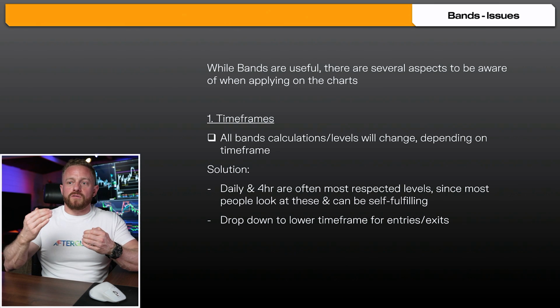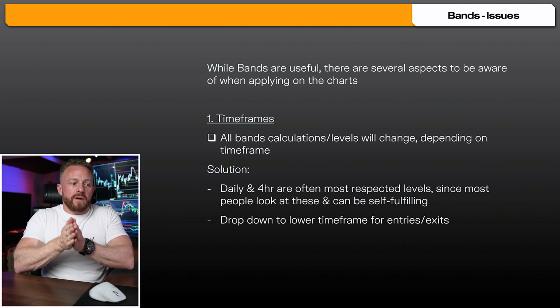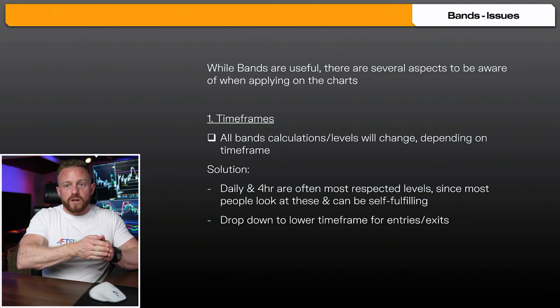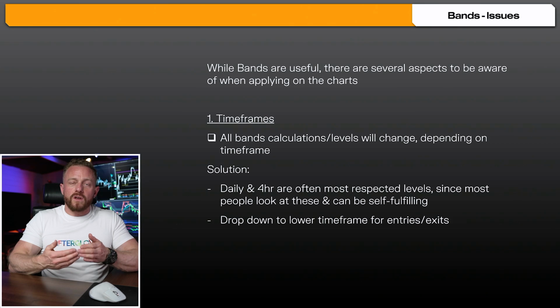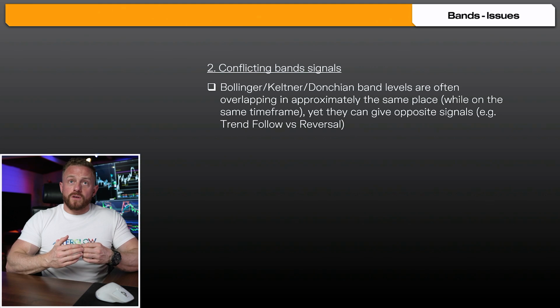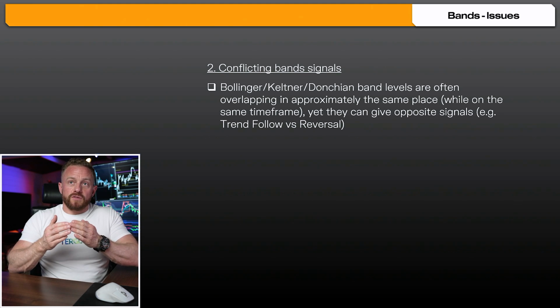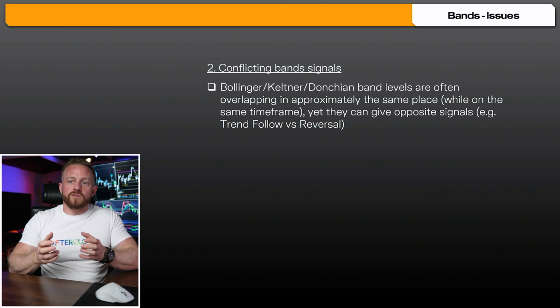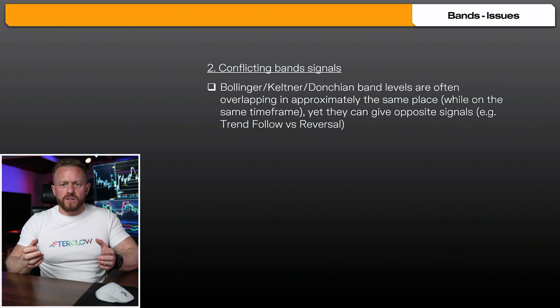So when I'm looking to find the correct levels, I'll start on the daily and 4 hour, and then I may drop down to the lower time frames, still use the tools, but use those mainly for my trade entries and exits.